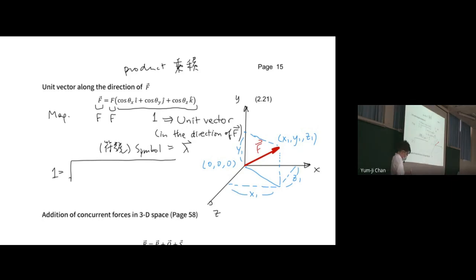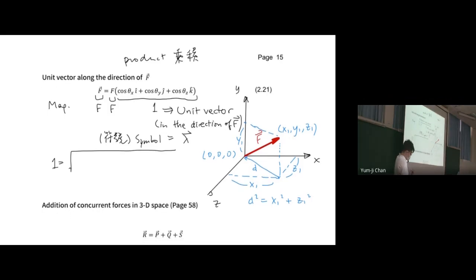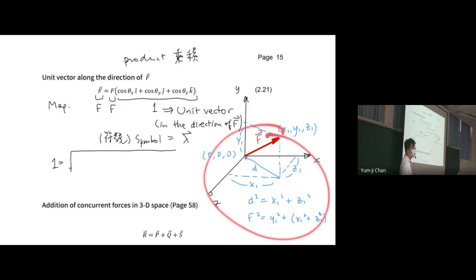So what's the length of this vector f here? Let's have a look at this d. D square equals x1 square plus z1 square, right? Then f square equals y1 square plus x1 square plus z1 square. I think you are okay with this part.